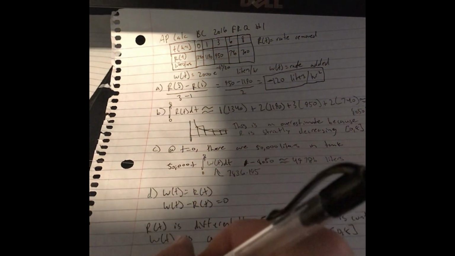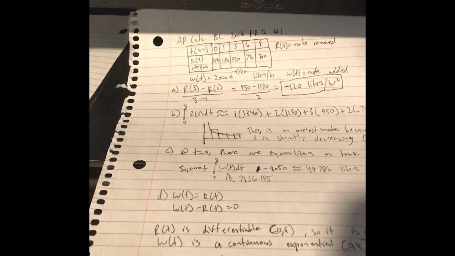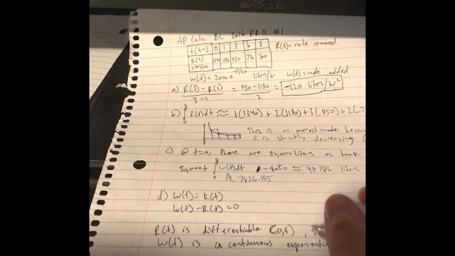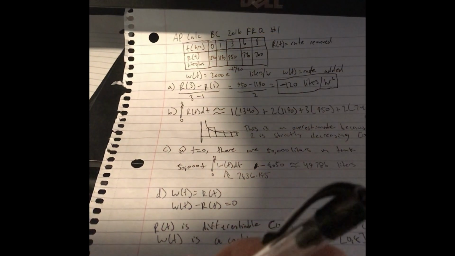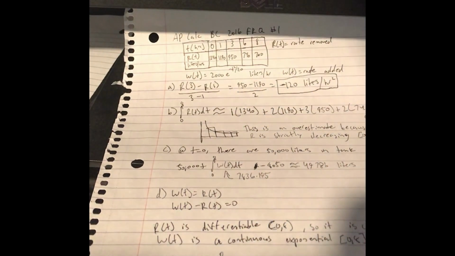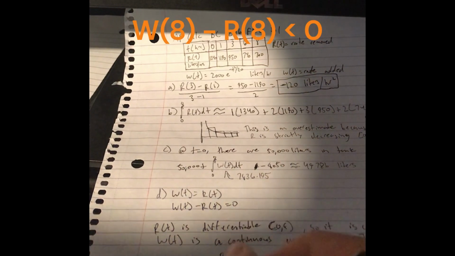And then R of 8, the table tells us, is 700. So W of 8 minus R of 8 is less than 0, that's the point.